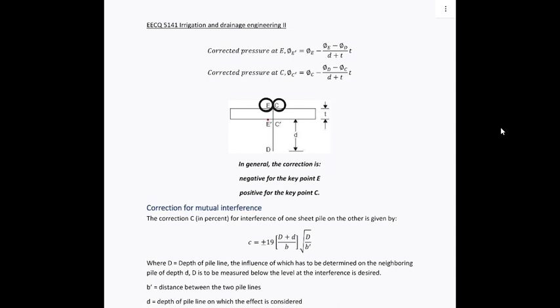So if we call the pressure below E, E prime, and pressure below C, C prime. So the calculated pressure at that point, we have to be cognizant of how fluid flows.